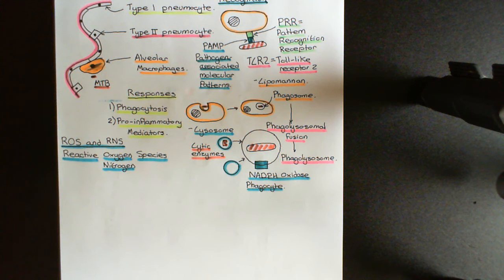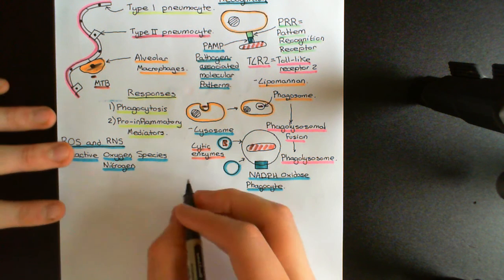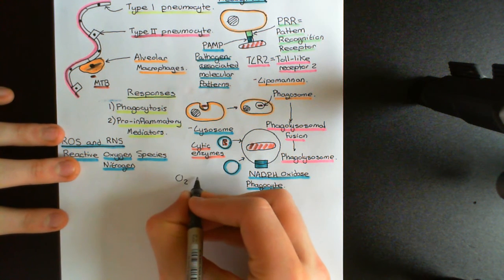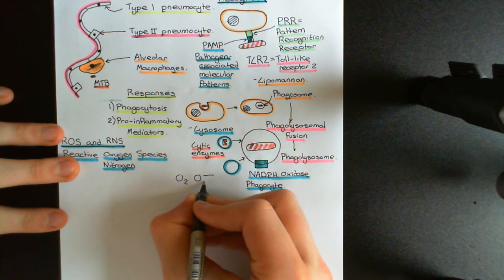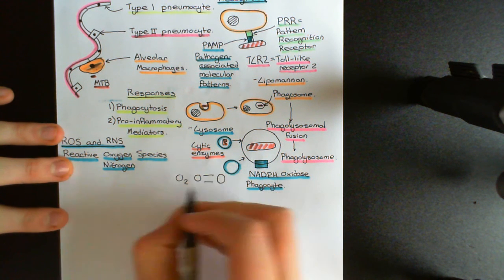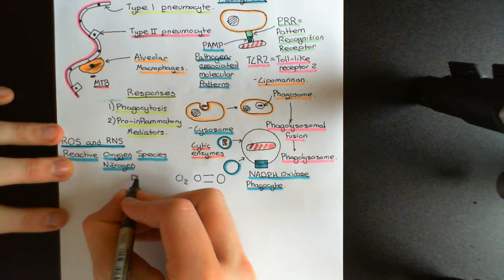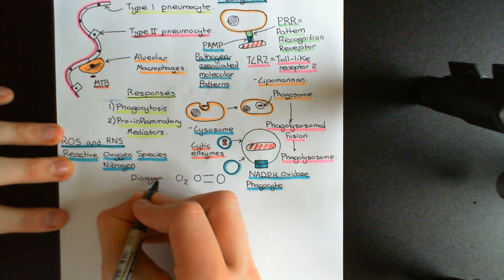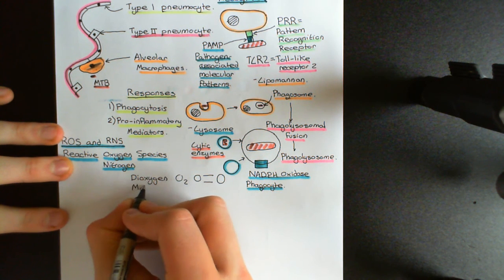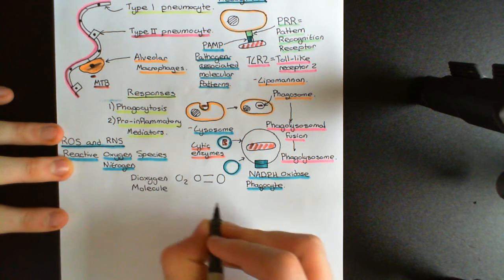So the important overall message here is that in the membrane of the phagosome or the phagolysosome, depending on which point of the lysosomal fusion we've got up to, we're going to assemble these NADPH oxidase enzyme complexes, and these are capable of taking dioxygen molecules, which is the normal O2 molecule, where you've got oxygen double bound to another oxygen atom. The proper name for this sort of oxygen molecule is a dioxygen molecule, and we're going to convert it into a superoxide molecule.